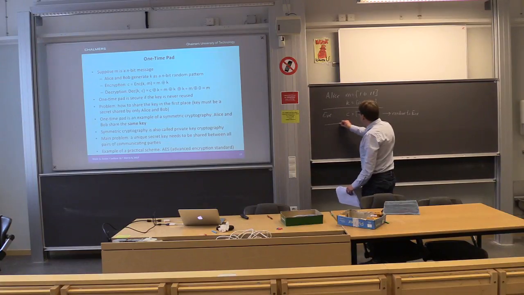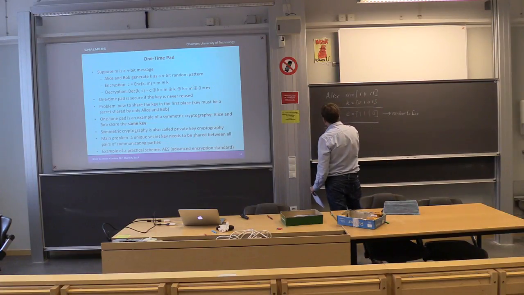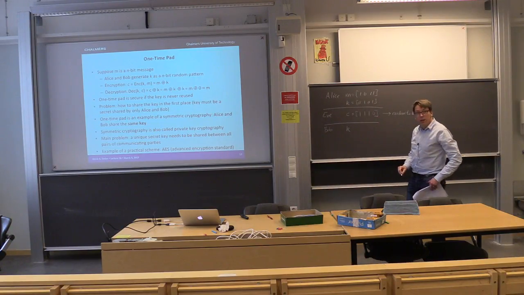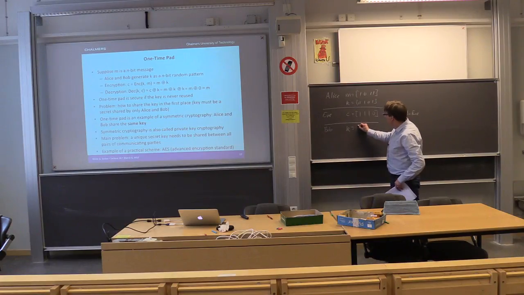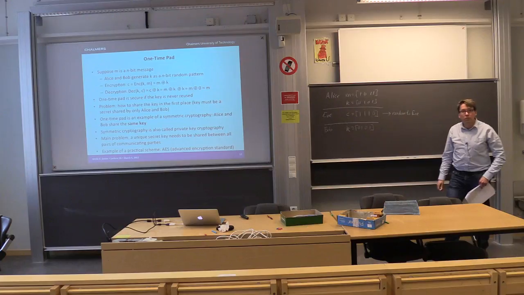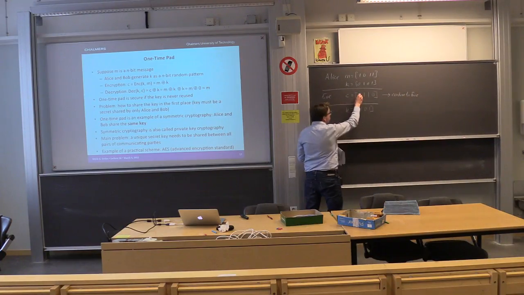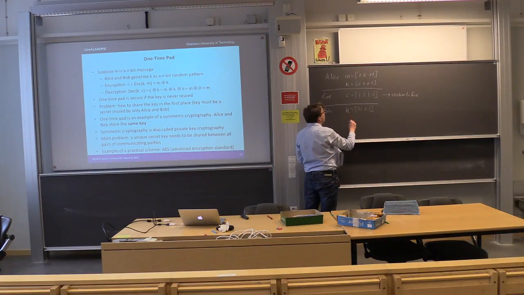So Eve is out of luck. However, Bob knows the key, so that's 0101. He just takes the XOR between the ciphertext that Bob receives and the local copy of the key.